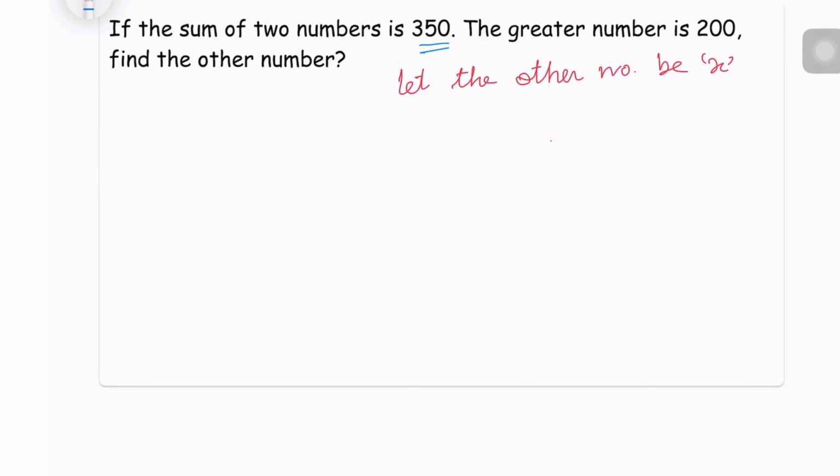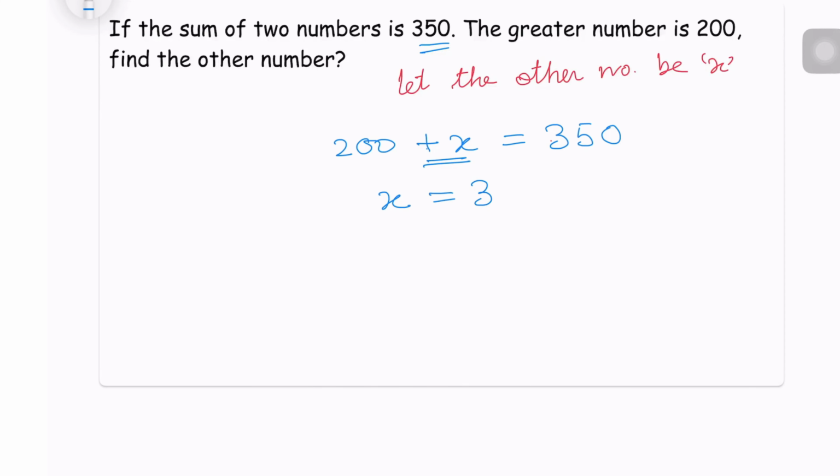Okay, so let the other number be x. Then the equation will be 200 plus x is equal to 350. So we are taking the numbers to the other side of the equal. x we will leave this side because x is already positive, and if we move 200 to the other side it will solve our purpose.